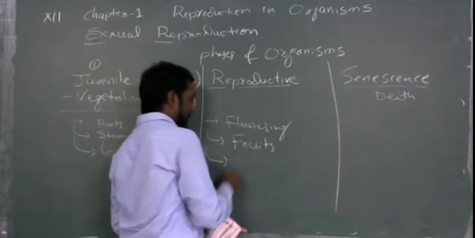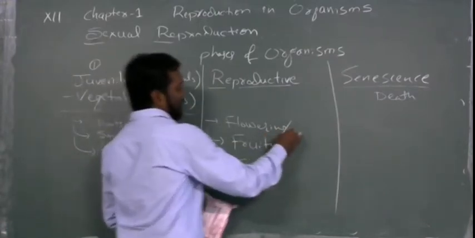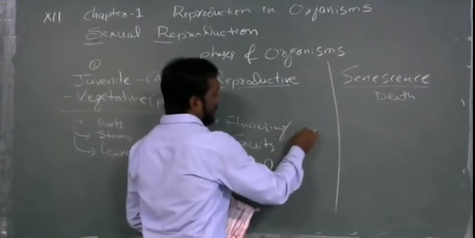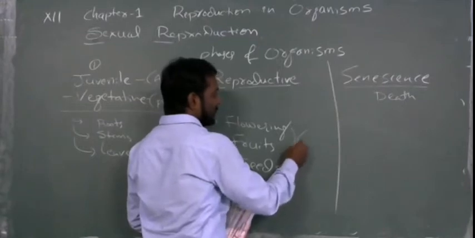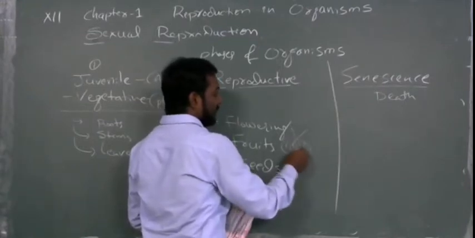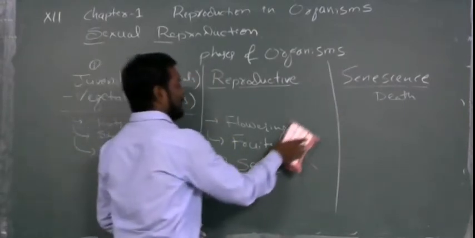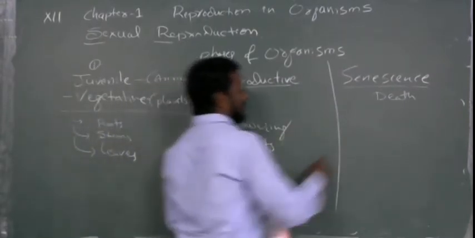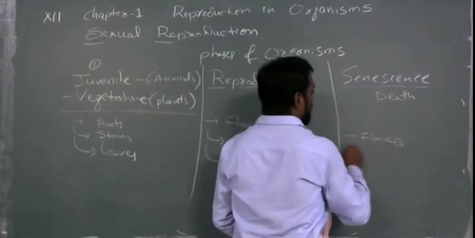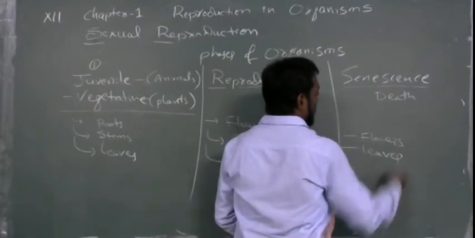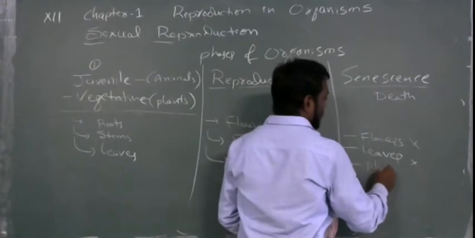Technically, when flowering occurs, the both gametes come together and form seeds. When the seeds come, then they come into fruit, and when the fruit is dispersed, then they use seeds. So, it will interchange. Clear? After some days, the flowers will fall down, leaves will fall down, all will fall down, and the death of the plant or tree.